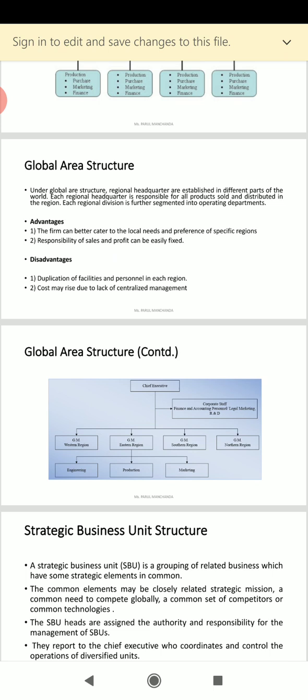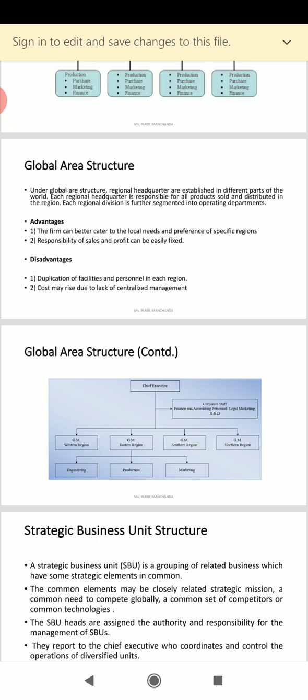Now this particular general manager eastern region is responsible for managing the products, markets, and functions of areas which lie under this category, right? So basically, just for your understanding, name it for example general manager North America operations.